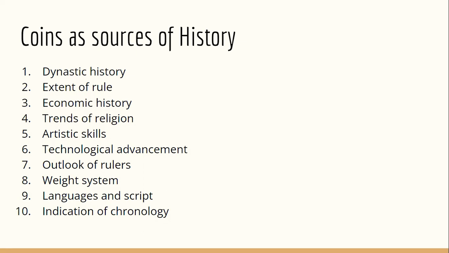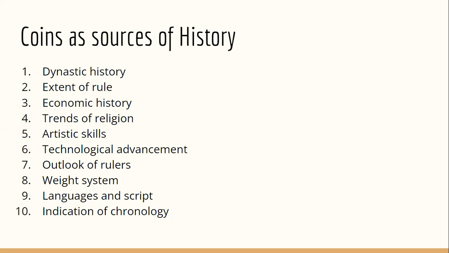Then the outlook of the kings. Different images, for example, in the Satavahana coins, we see the depiction of ships. So we come to know that the kings were lovers of navigation, or they might have patronized maritime trade. Even on the Kushan coins, as I mentioned, different deities were depicted, so that depicts a secular approach of those kings.